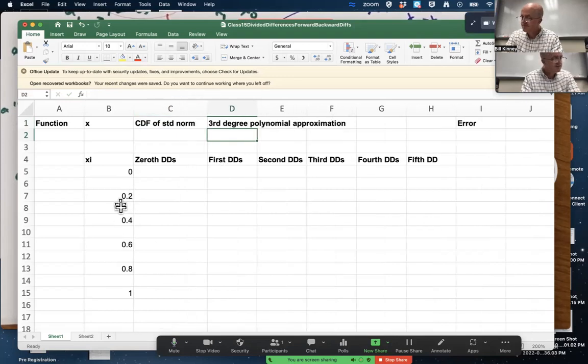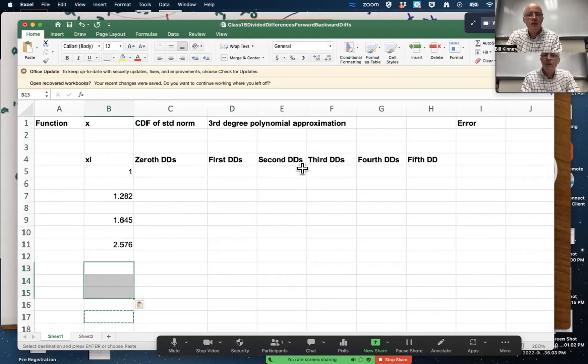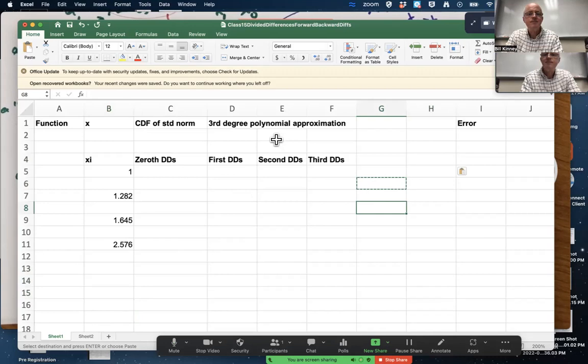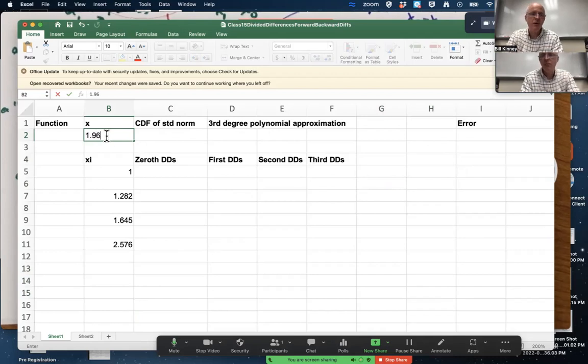Change my nodes to 1, 1.282, 1.645, and 2.576, get rid of these other nodes. We're going to do through third divided differences. The X value where we're going to approximate the CDF once again is 1.96.